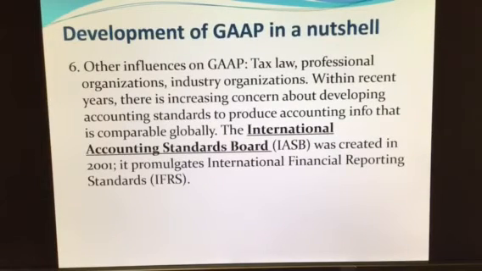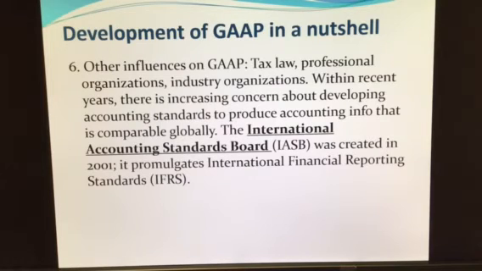Other influences on GAAP include tax law, professional organizations like the AICPA or the various state organizations like the ASCPA, the Alabama Society of CPAs, and industry organizations, of course, as well. Within recent years, there's an increasing concern about developing accounting standards to produce accounting info that is comparable globally.